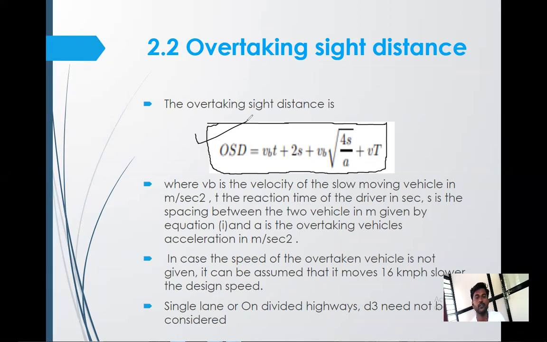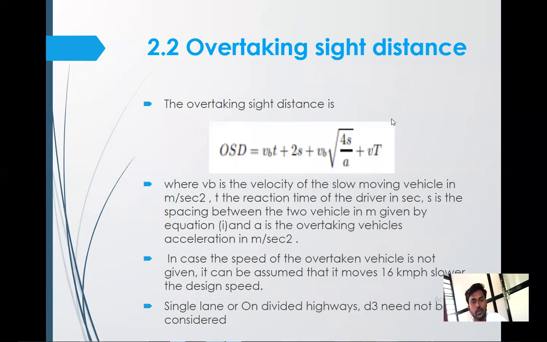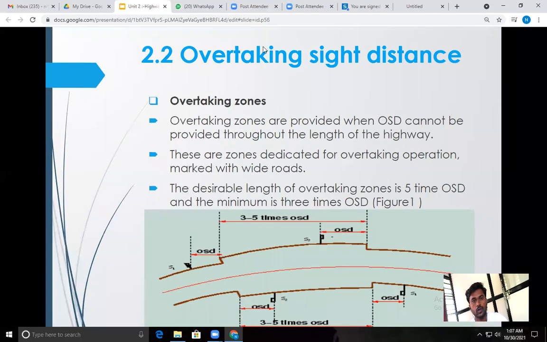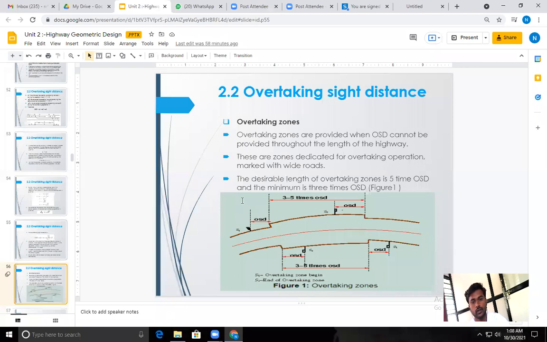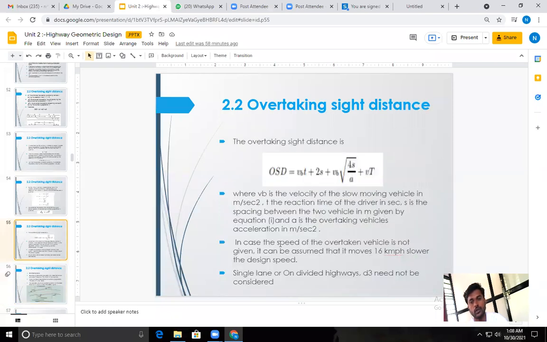Written below that, write down where Vb is the velocity of a slow moving vehicle in meter per second.